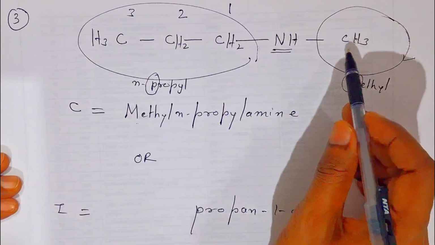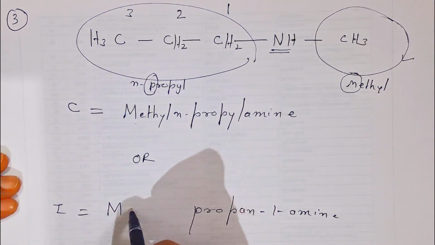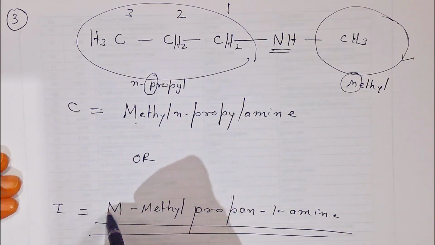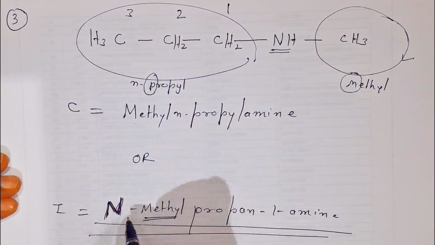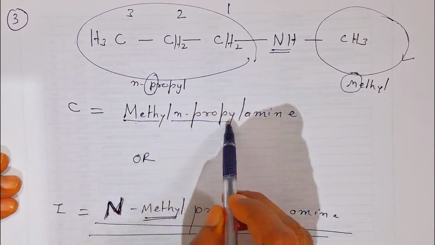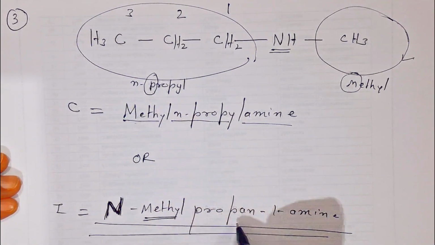Now here methyl is attached to the nitrogen of this amine, so we call it N-methyl propane-1-amine. Very important, students. This is N, mind well, this is nitrogen where the methyl is attached to the nitrogen of this amine. So N-methyl propane-1-amine is nothing but methyl N-propyl amine. Understanding students?